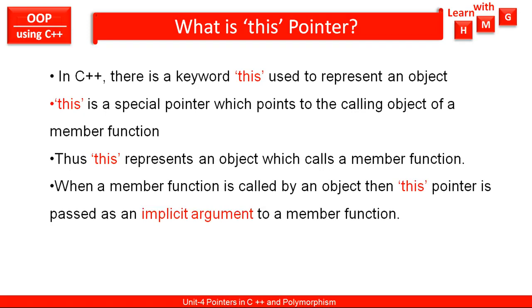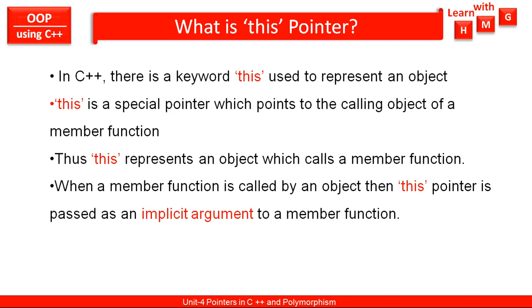When a member function is called by an object, then this pointer is passed as an implicit argument to the member function. So whenever any object is calling a member function using the dot operator, that is object dot member function, then internally this pointer is set to that particular calling object.